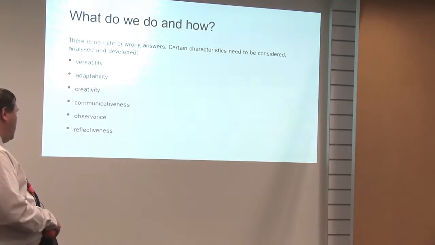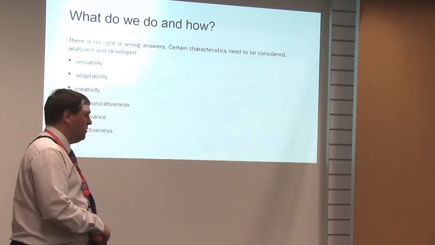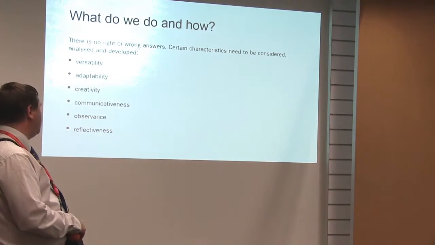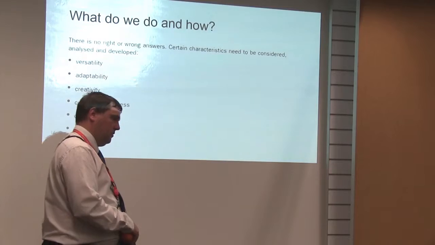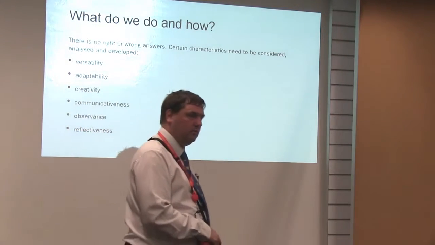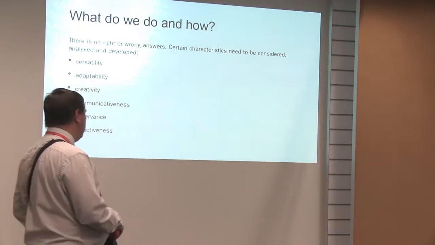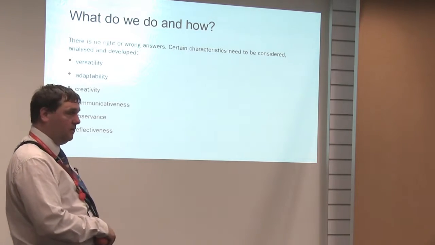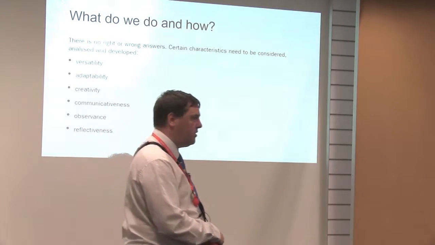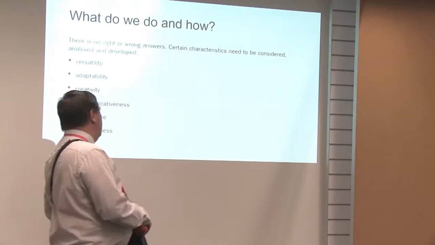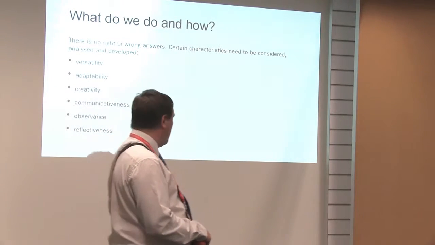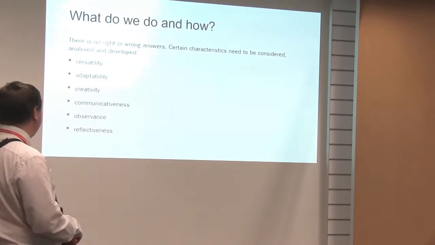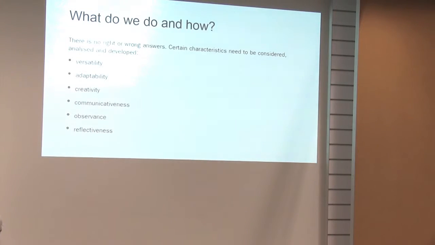All right? And I think one of the biggest ones on here is the last couple, which is the reflection. We really need to think about what we do, how we do it, and be self-honest. I think that's what a lot of us don't do. And what's the best way to do it?